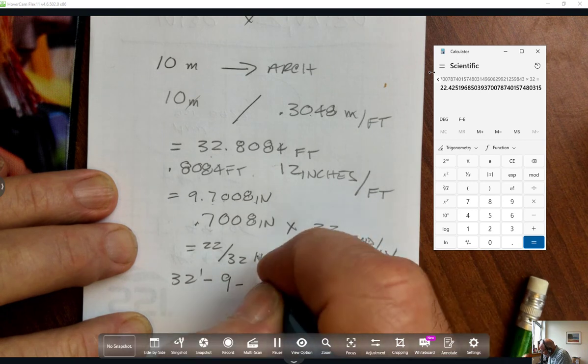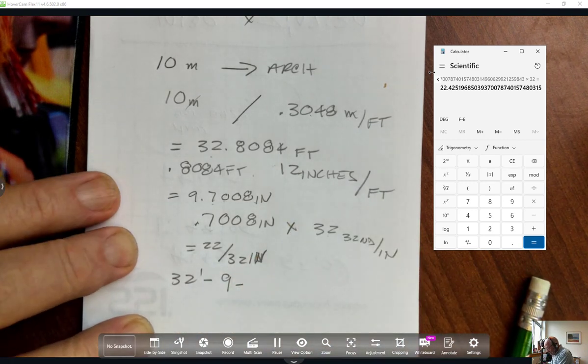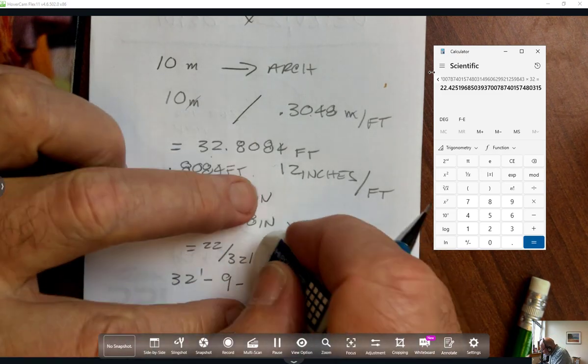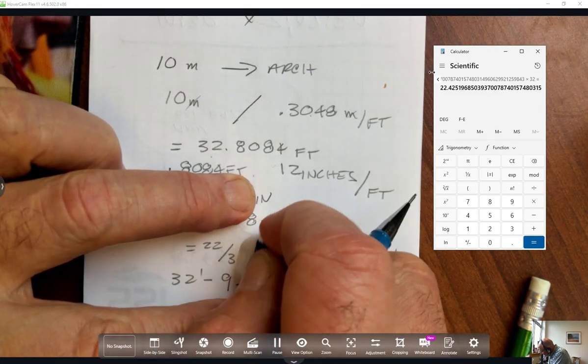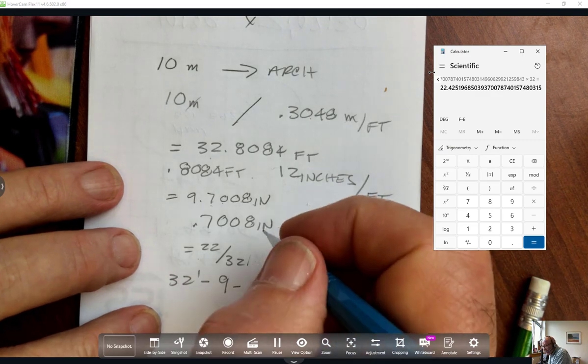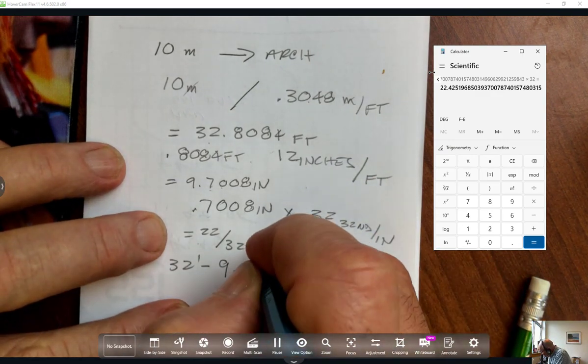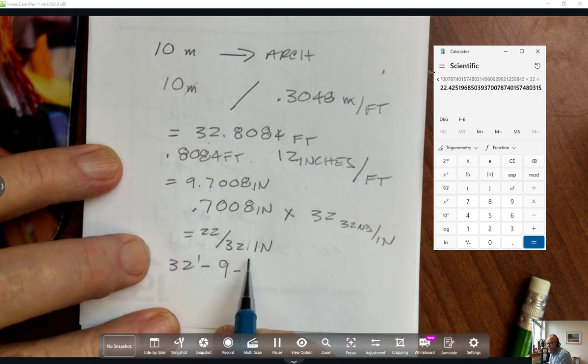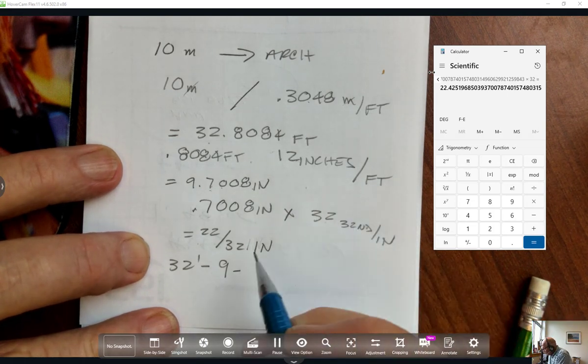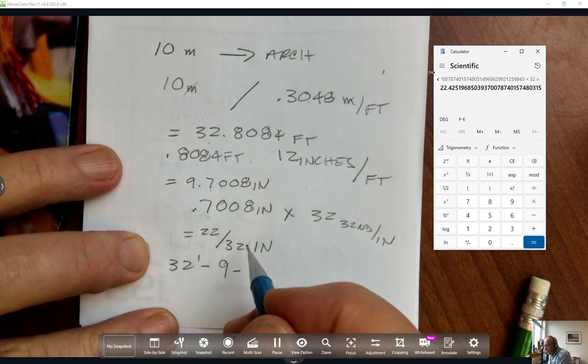Or we can put down IN like that. Let me just erase that so it looks a little better. So inches is either the little double mark or we put in inch. Well, 22 32nds of an inch can be reduced. Whenever the fraction has a number in the bottom that's an even number, you want to reduce it.